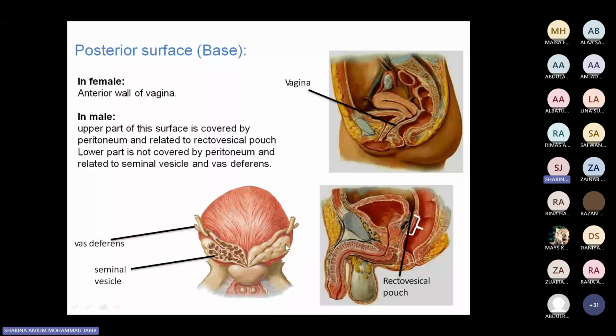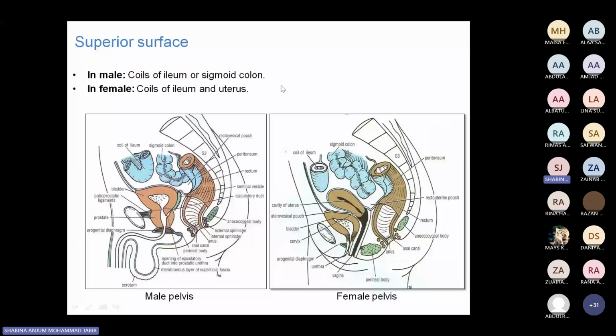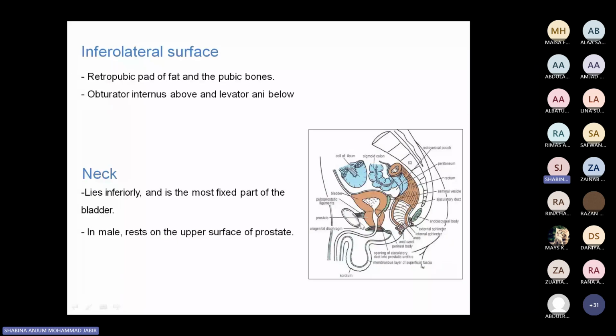What about the superior surface? The superior surface will have the coils of the ileum and sigmoid colon, and in female also the uterus. Inferolaterally, we know there will be the pelvic diaphragm in the perineal region.